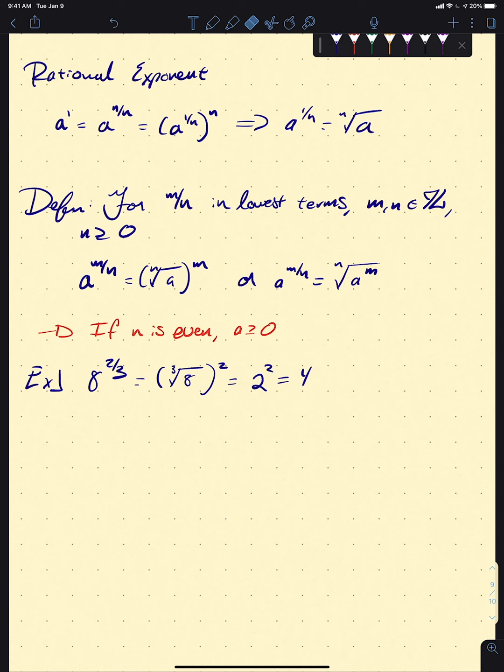Getting slightly more complicated, right? We can say 2 a cubed b to the 4th, and let's raise that to the 3/2 power. Well, what we can do is distribute this in to each of our terms, and we'll get 2 to the 3/2, a to the 9/2, right, because we're multiplying, and b to the 12/2.